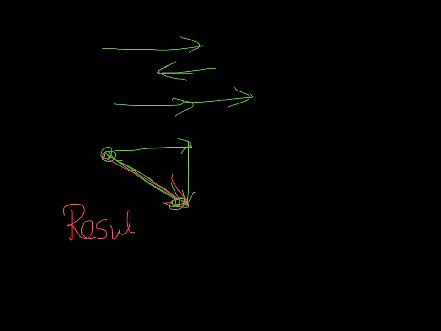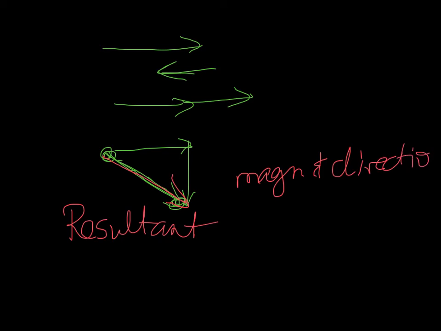Resultant is a generic vector term, and we will use it a lot. So you have the magnitude and direction of the resultant, which means how big from where you started is the resultant from beginning to the end.